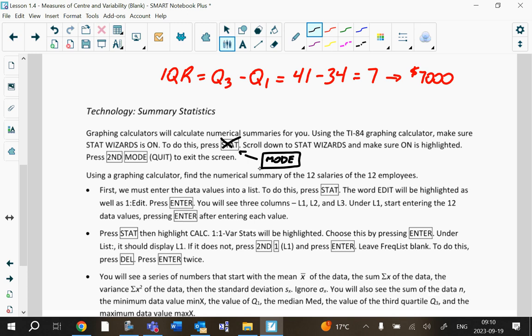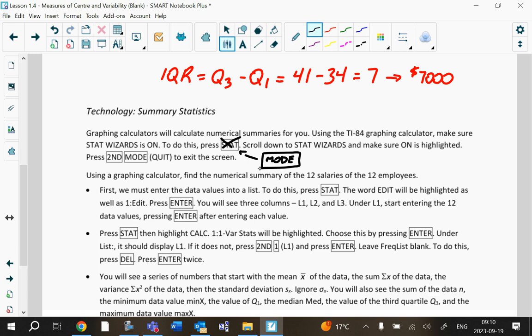If it's not on, oh, you don't have it on that calculator, because it's the old one. Don't worry about it if you have the old one.